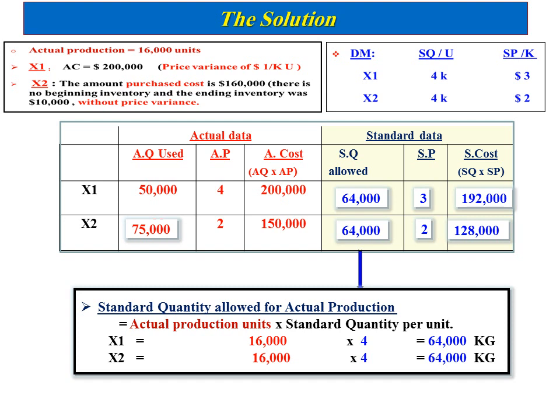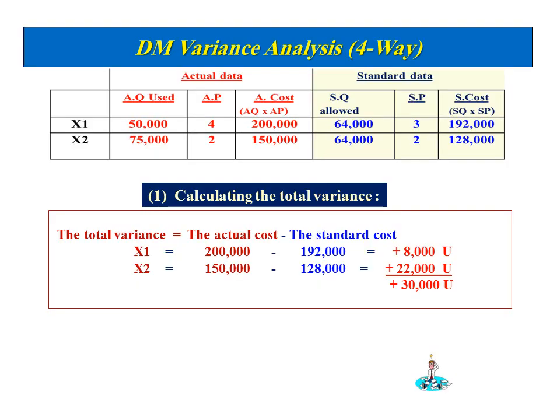Again I will begin using this table. I use this table for all my steps. I speak about direct material only. The first step is to calculate the total variance of direct material.